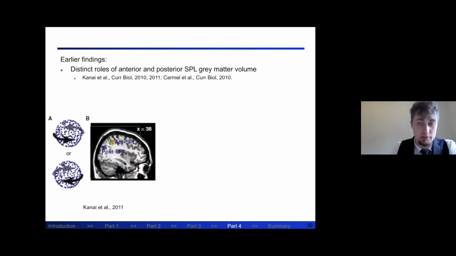So in this field, what you often look at is the spontaneous alternations of conscious experience, and then you correlate that with some kind of property of the brain. And the first studies here from 2010-11 found that this alternation rate was related to the anterior and posterior SPL.